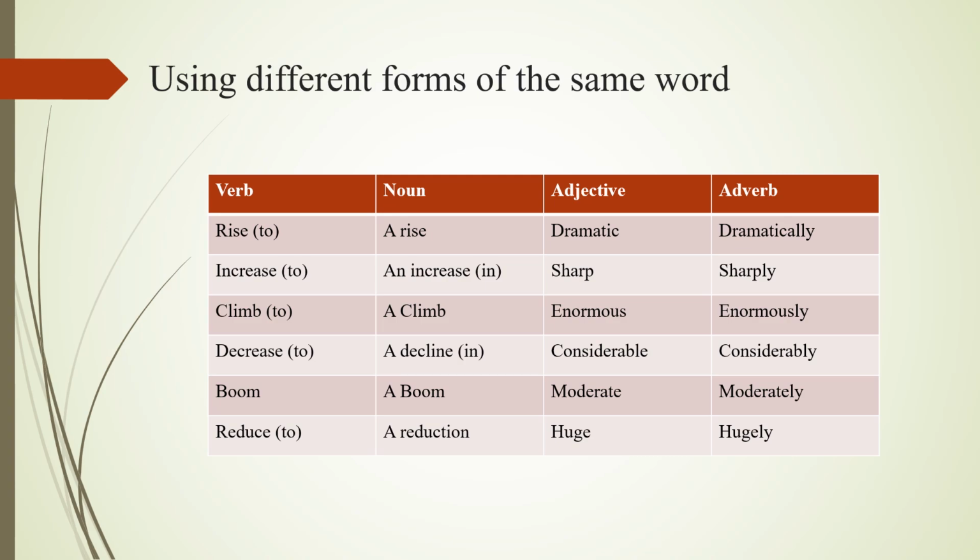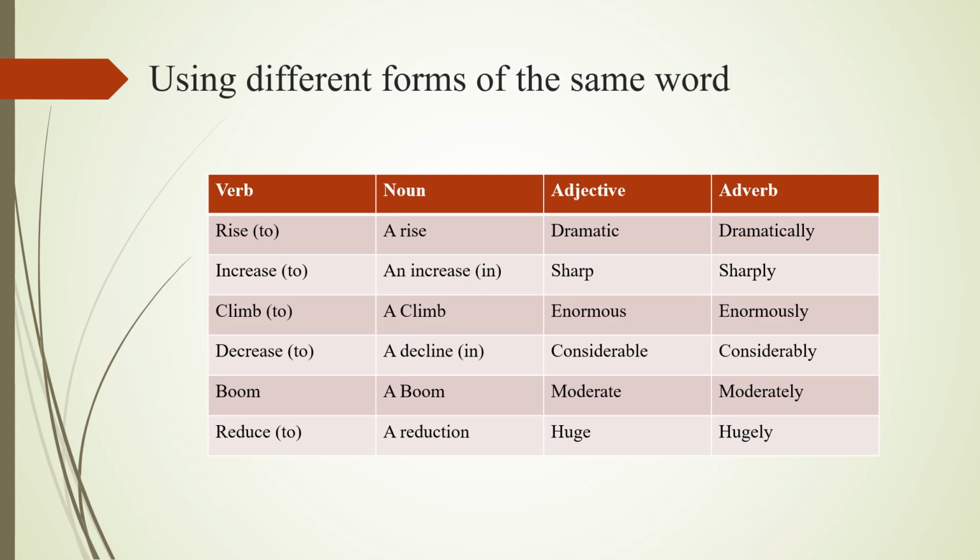Like a verb used in a particular sentence can be used as a noun in the other sentence. For example, rise to and a rise. In the same way, an adjective used in a particular sentence can be used as an adverb in the other sentence. For example, dramatic and dramatically.